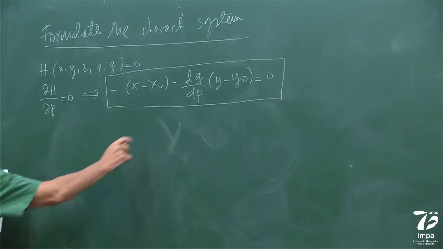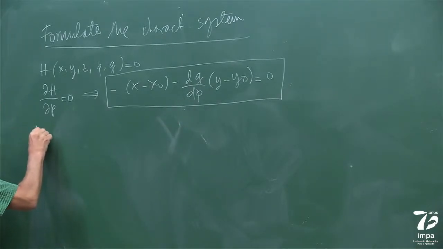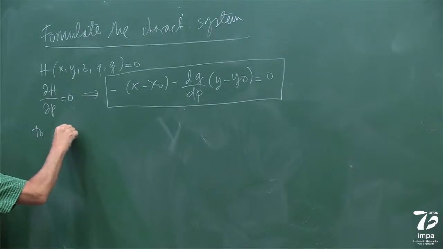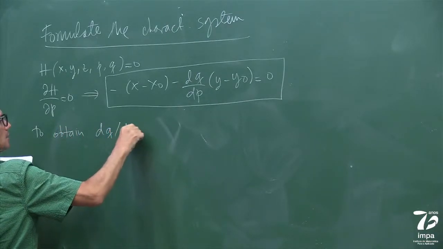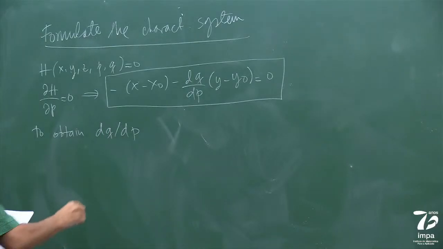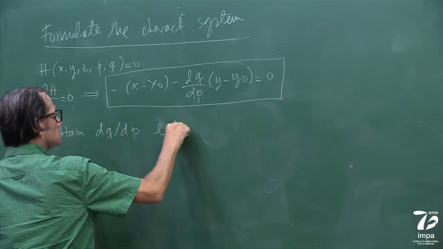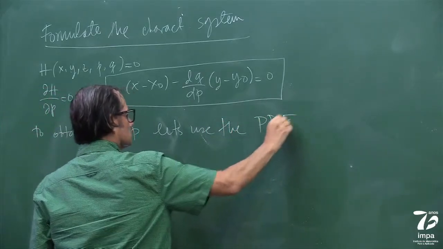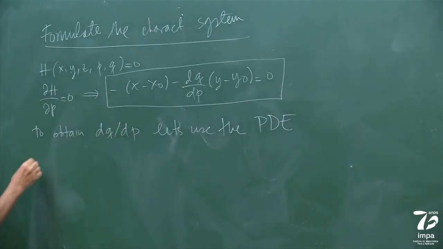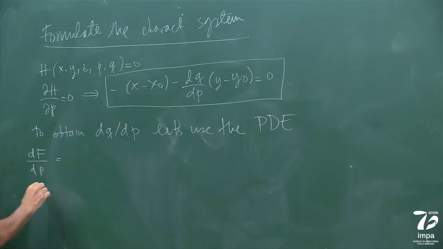Now, to obtain this guy, and soon we're going to cook up the characteristics, okay? To obtain dq dp, let's use the PDE. So let's take, if we're thinking that p is our parameter, the total derivative of F with respect to p.